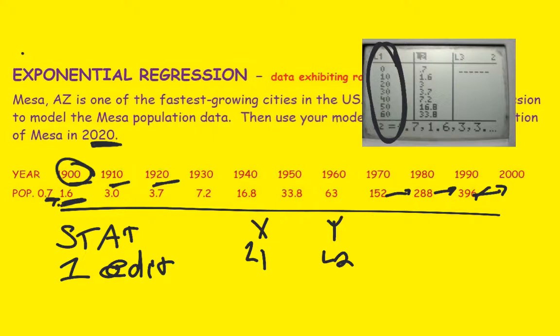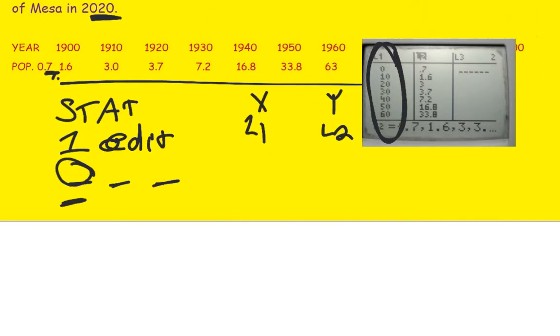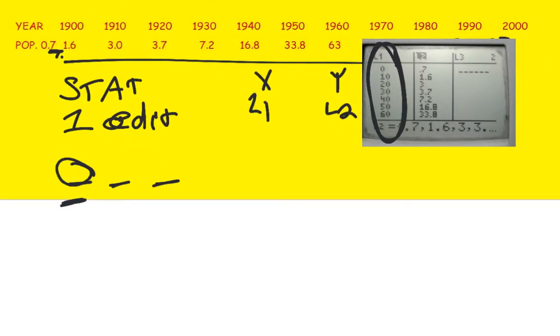But before we find our regression equation, I need you to make sure that your diagnostics is turned on in your calculator. So what you need to do to check that is you need to go to second catalog, which is the 0. So second 0. And then hit the letter D, which is the x to the -1 button.